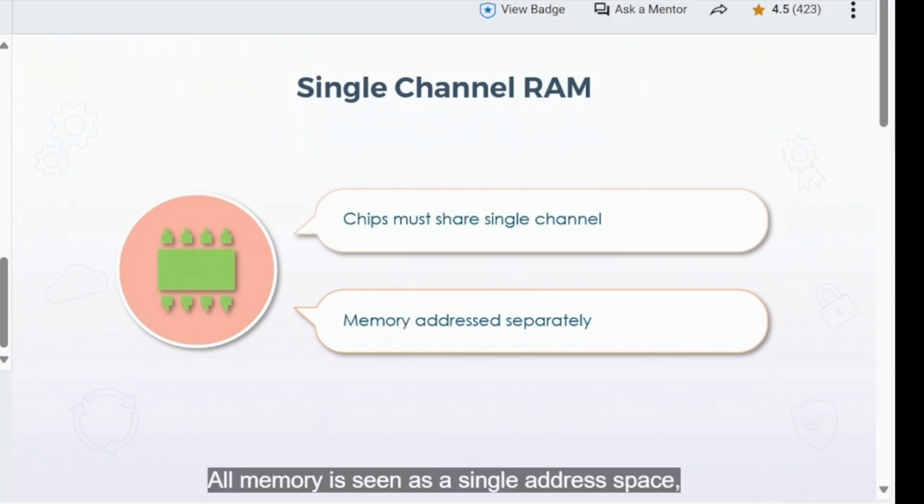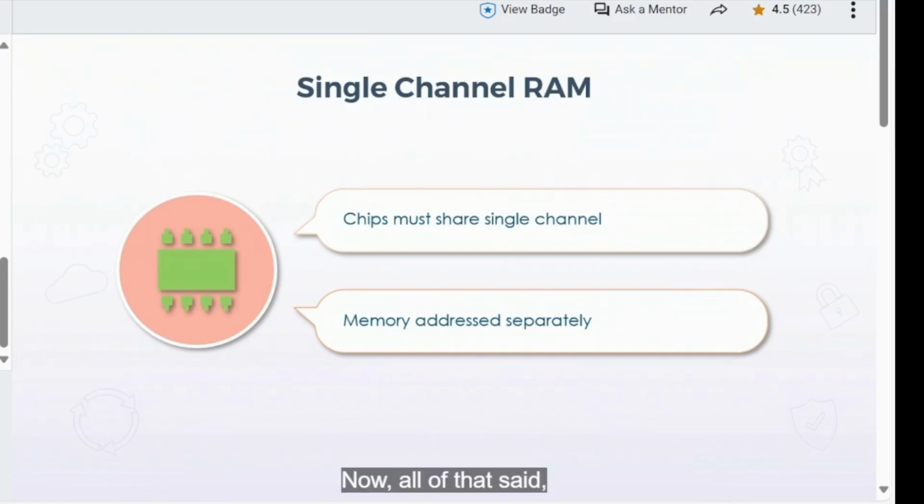All memory is seen as a single address space, so most of the time, any given amount of data that has to be retrieved or accessed will be within the address space of a single chip, which inherently helps to reduce the amount of times that data has to be retrieved from both chips. But again, even when that does happen, it only requires a little bit of time and processing to ensure that they each access the bus separately, so the overall impact on performance is minimal.